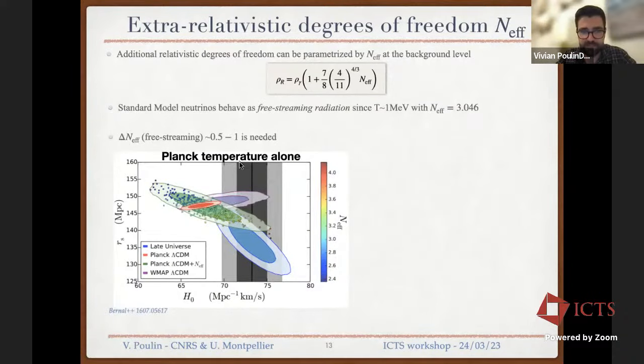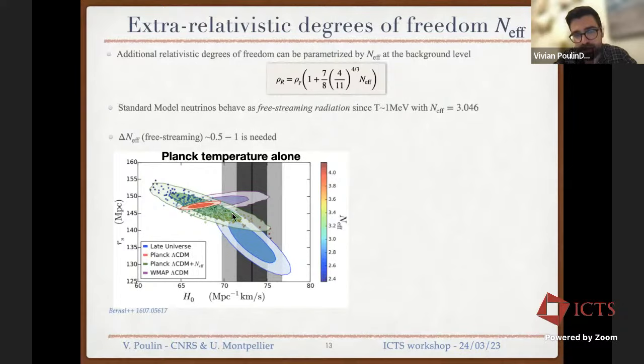And when we ask Planck about this possibility, looking first at temperature alone, this is a plot that is a little bit outdated, but things have essentially not changed. Looking first at temperature alone, we see that there is indeed this degeneracy between the sound horizon and H0 as we increase the value of N effective.